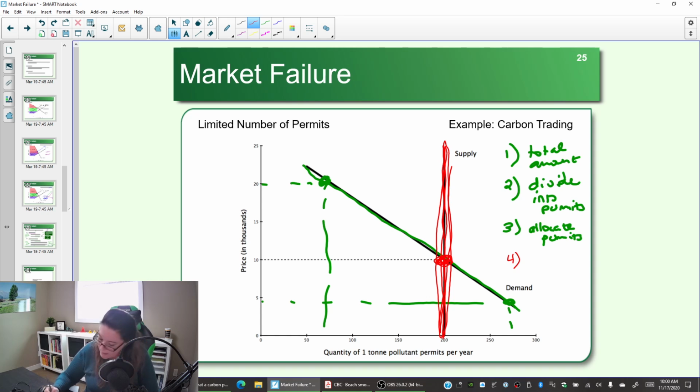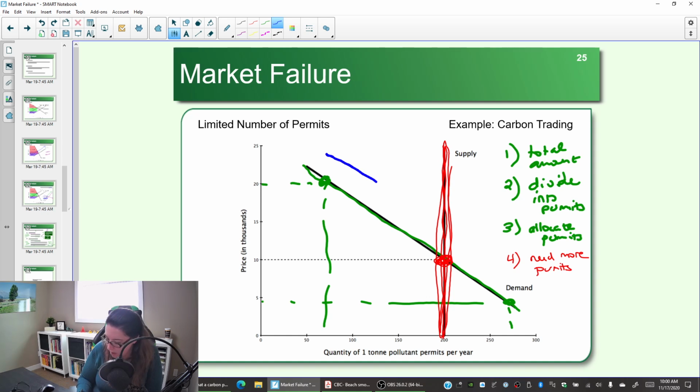So if you're going to produce more, and that means you're going to pollute more, then you need more permits. But it's your choice. So there's that economic freedom. And what that means is you could choose whether or not you are willing and able to purchase more permits.